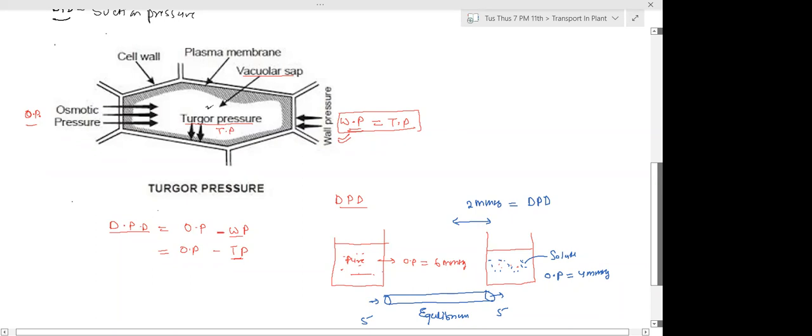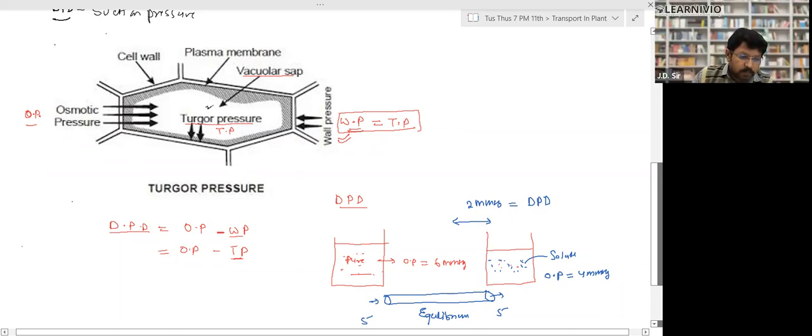Yes, sir. So look, there is a formula: diffusion pressure deficit, DPD, right? The formula is DPD is equal to osmotic pressure minus wall pressure.